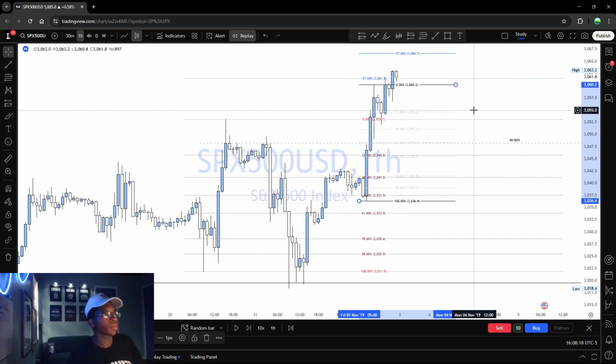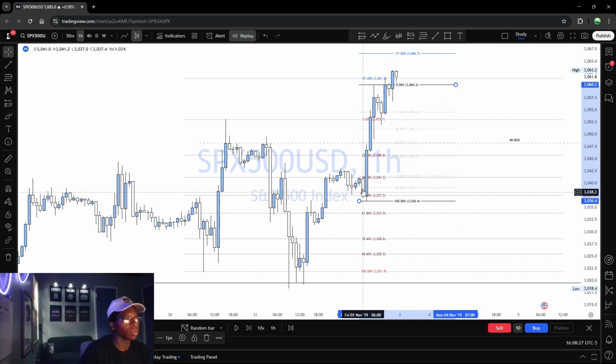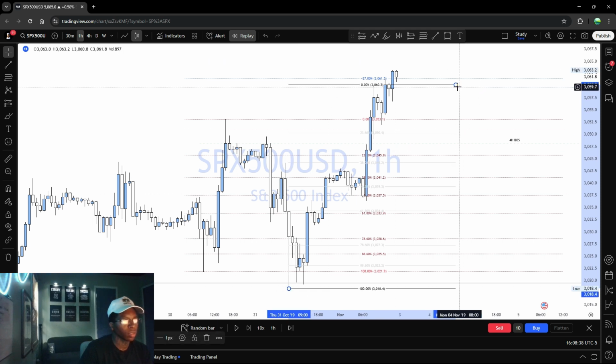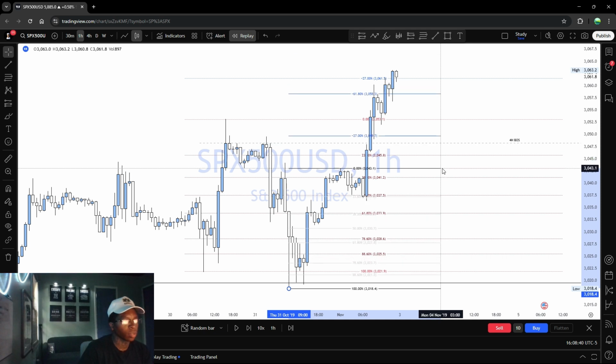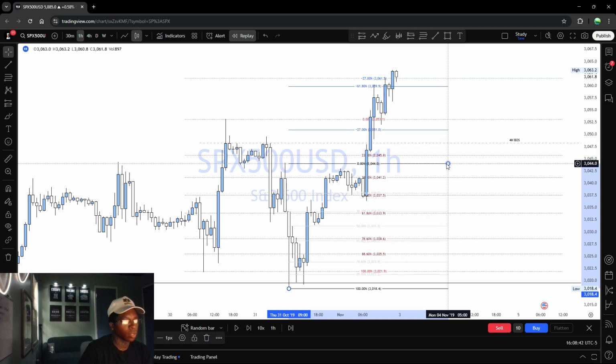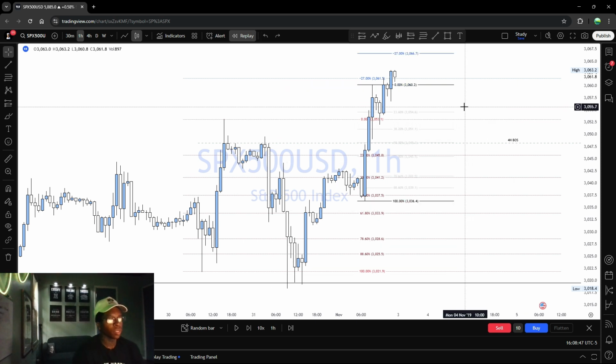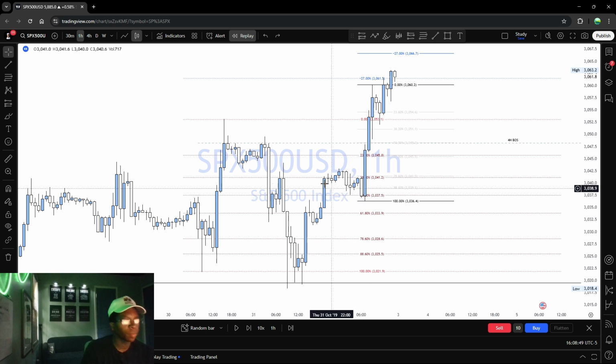Continue higher. Okay. So this here is your impulse break structure. Let me see what that looks like if we place that here. It's the low point. So just put that back how it was, because I like how that is.